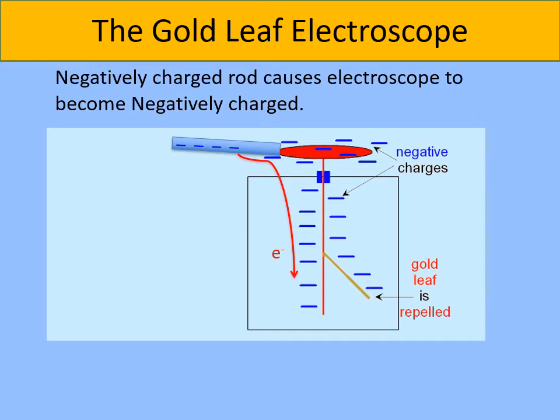As a result, the gold leaf diverges due to repulsion between the negative accumulated charge on the copper conductor and the gold leaf itself.